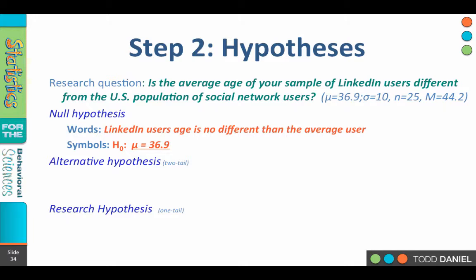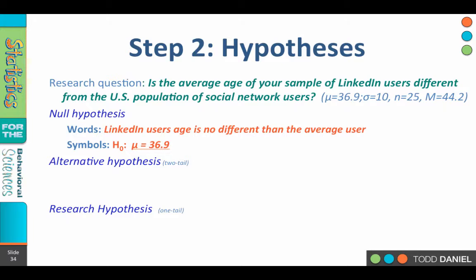Now we have alternative hypotheses that could be one-tail or two-tail. We know that we're going to use a two-tailed test, but let's also practice with a one-tailed test so that we're getting a little more practice with understanding how to create hypotheses. So let's start with our alternative hypothesis for a two-tailed test. We're saying that LinkedIn users are different, but we're not establishing a direction.